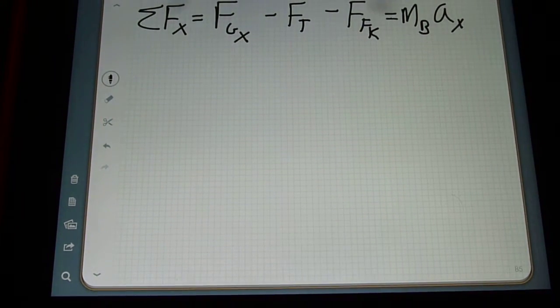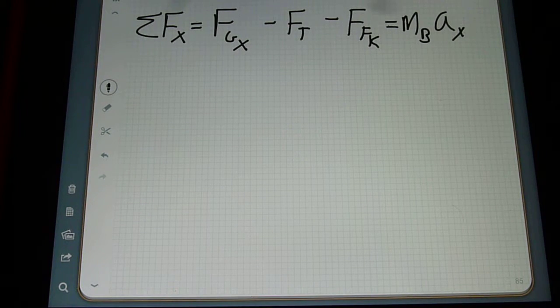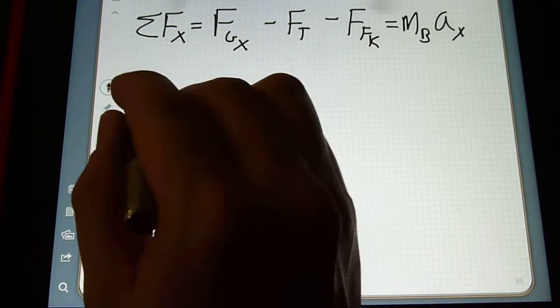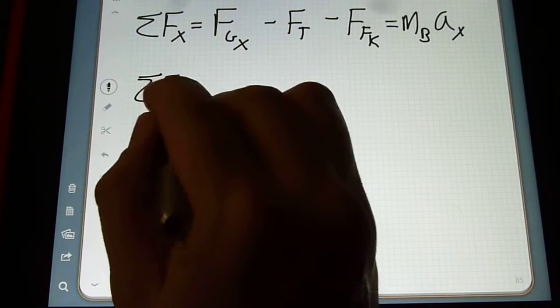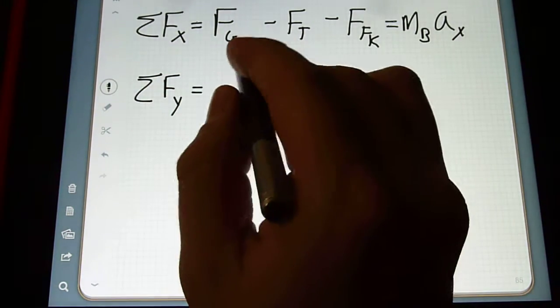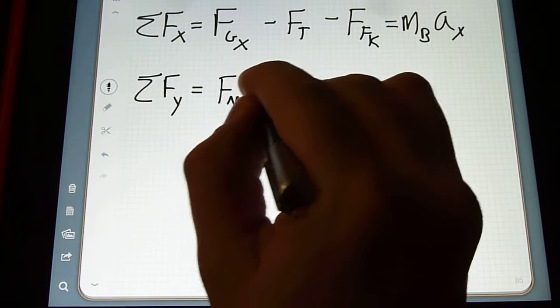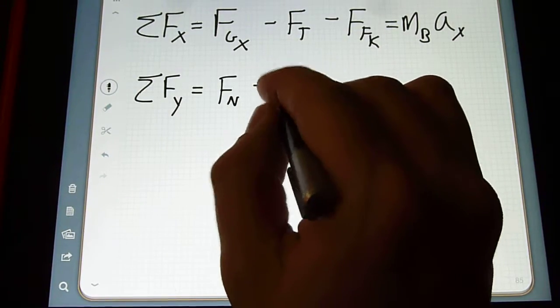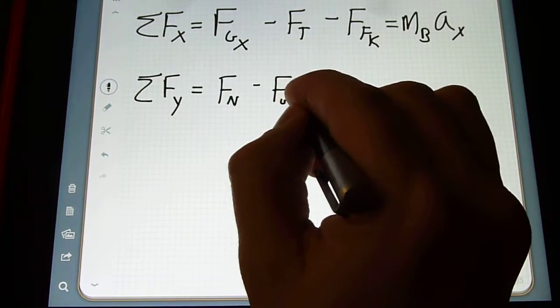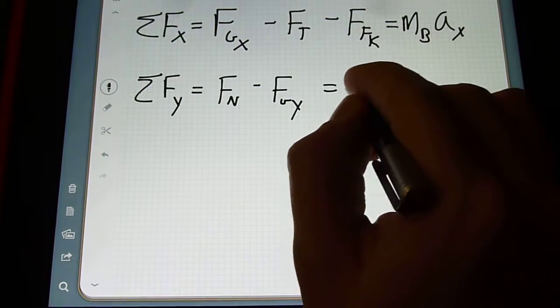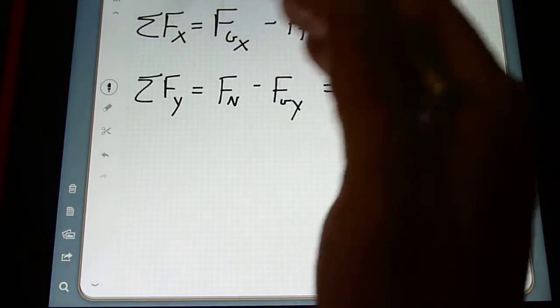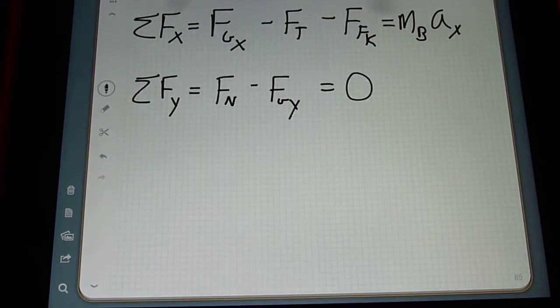That's my first equation. Then my y equation: I'm going to have my normal force minus the y component of F_g, my gravitational force, and that's going to be 0. We're going to say that it's not going to move up or down off of that axis.